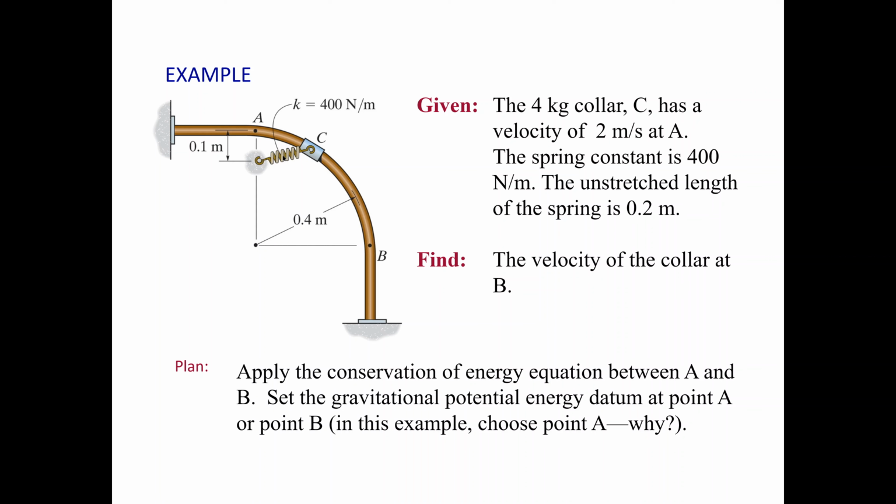Well, we have energy stored in the spring. We have some gravitational energy due to its position. And we have some kinetic energy due to its initial velocity. So those are the things we need. So we'll have essentially three terms on each side of the equation. Because what are we saying? We're saying initially, whatever the initial energy of this collar is is going to equal whatever the final energy of this collar is.